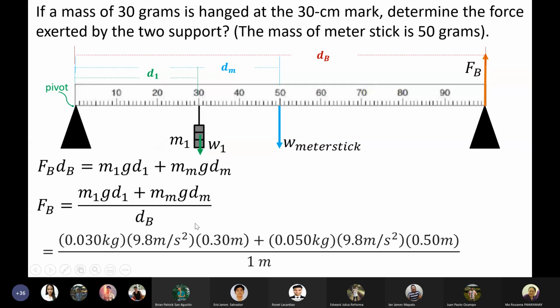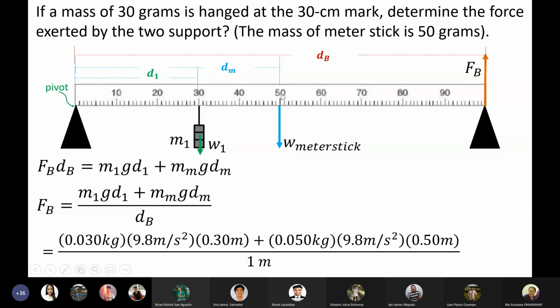So ito na yung given, okay? So the mass of our weight 1 is 0.03 kilogram times 9.8 times its moment arm is 0.3. While for meter stick, that is 0.05 yung kanyang mass. Then 9.8 meter per second squared. Then 0.5 ang kanyang moment arm because nasa center siya.